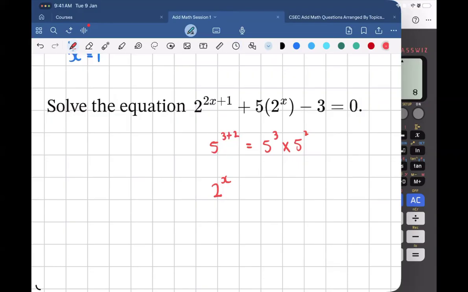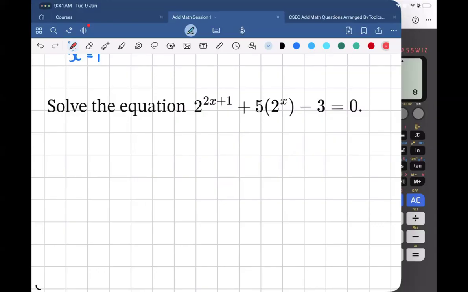Okay, time is up. So Shay, let's attack this question. The first thing we have is 2 to the power 2x plus 1. Now Shay, you notice that we have a sum of numbers there, right? Yes, sir.